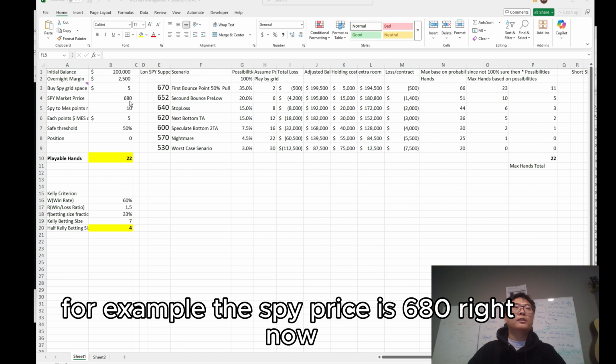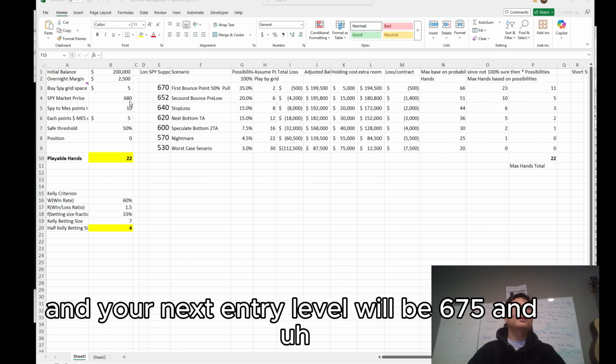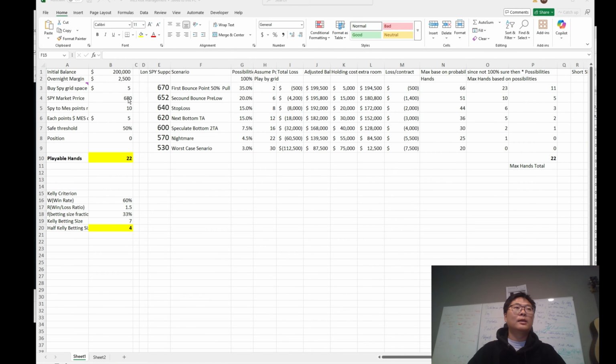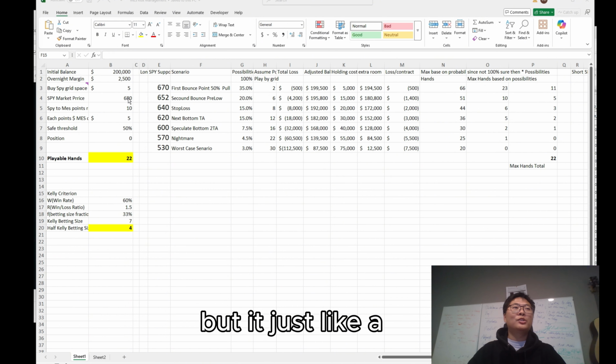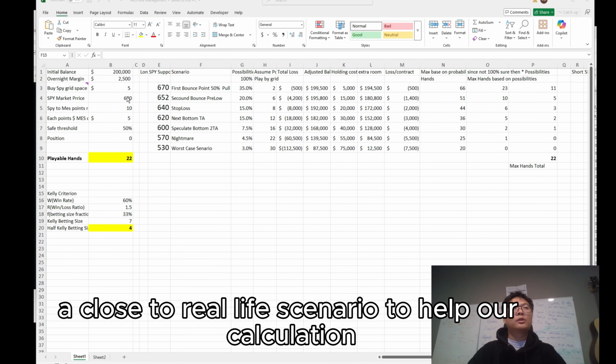For example, the SPY price is 680 right now, and your next entry levels will be 675 and 670. It doesn't mean that you have to trade like this, but it's close to a real life scenario to help our calculation.